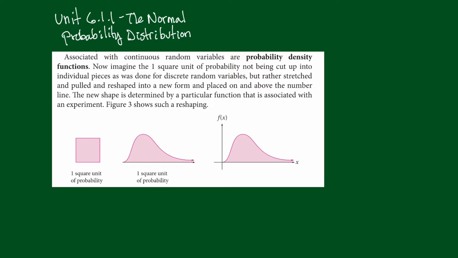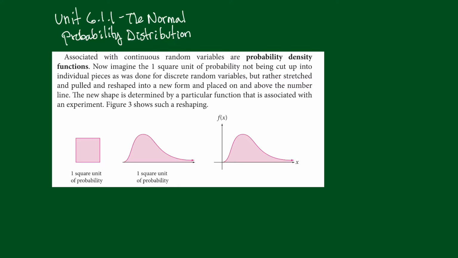So imagine that 1 unit square that we used in that last section on binomial probability. Here's that 1 unit square. And what we did, remember, we divided it up. So we cut it up according to some rule, like the binomial probability function, divided it up and sent it to the values of the random variable.